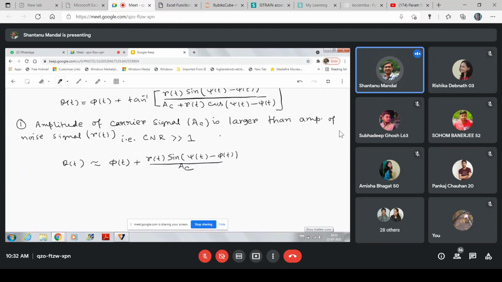In this expression, the first part is the signal part.